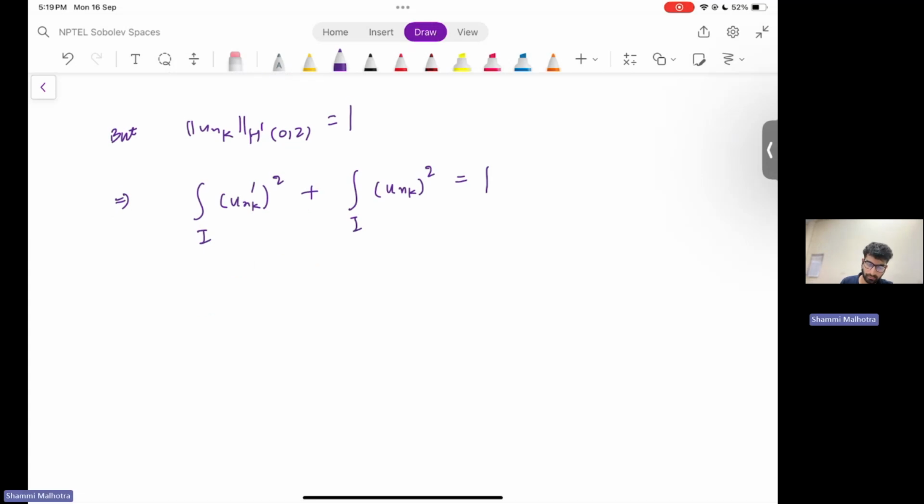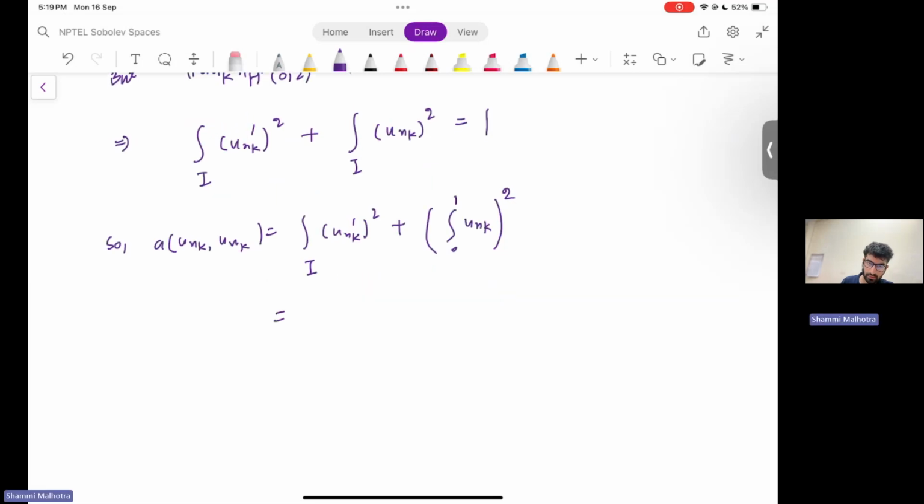And so A of u_nk is nothing but the integration over I of u_nk dash whole square plus the integration of 0 to 1 of u_nk whole square.